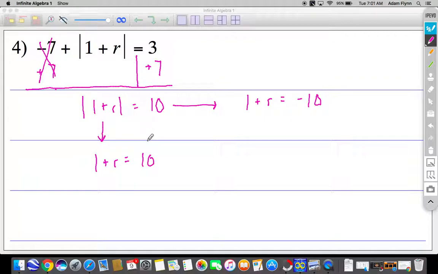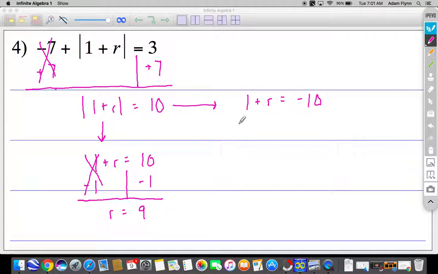So I'll solve both. I'll subtract 1 on this side and that side to get the r by itself. 1 minus 1 cancels. So I'm left with r equals 9.